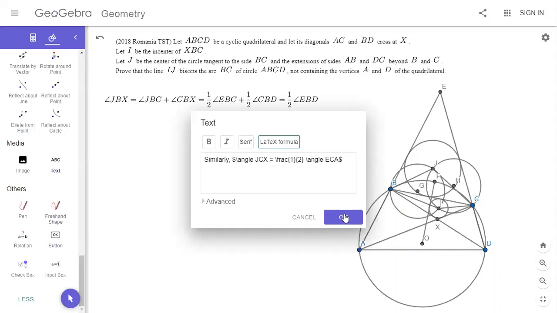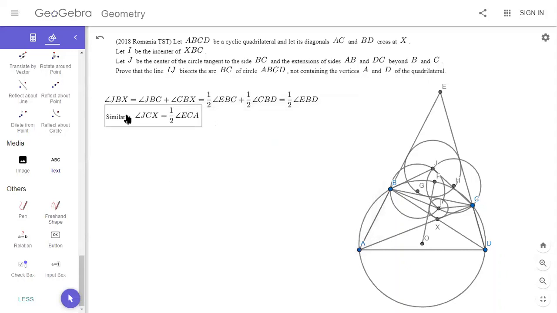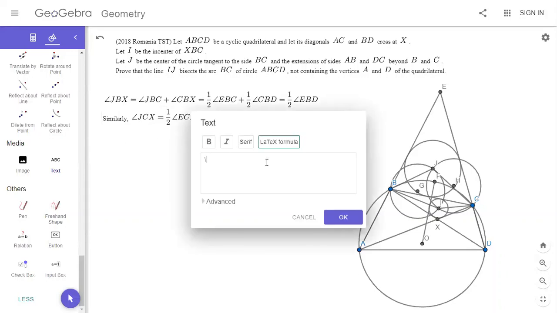But then it's not hard to show that JBX has to equal JCX because I'll write this out.